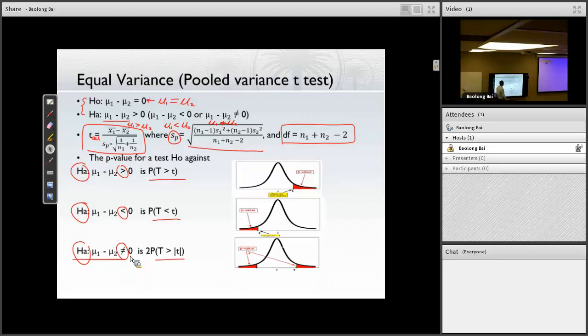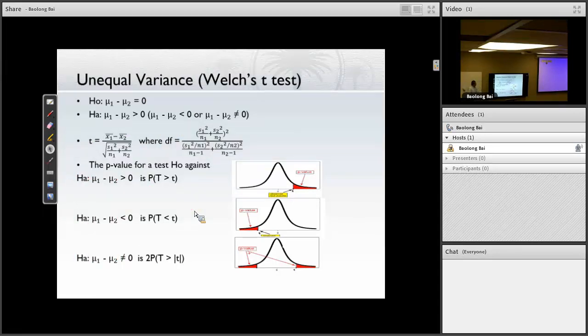And the same idea, on the top two, the p-value comes from one side of the t-distribution tails, right? We call those one-tail tests. And then for the bottom one, we have the unequal sign. The p-value comes from both sides of the t-distribution tails. So we call that a two-tail test. So this is the pooled variance t-test. Once you know how to calculate the t-statistic and find the p-value, everything else is the same as any other hypothesis test. 5 steps.